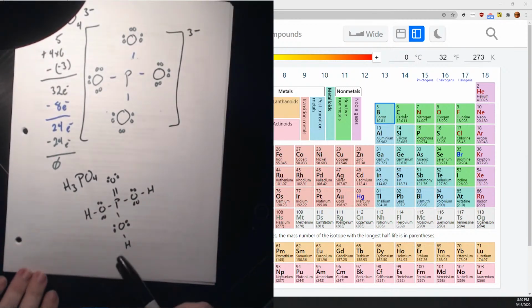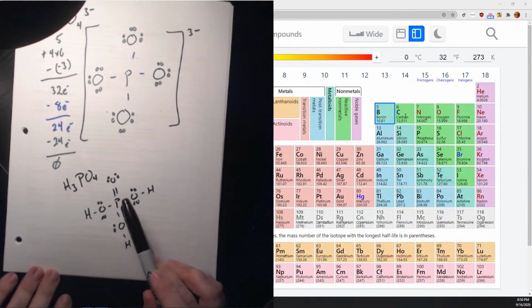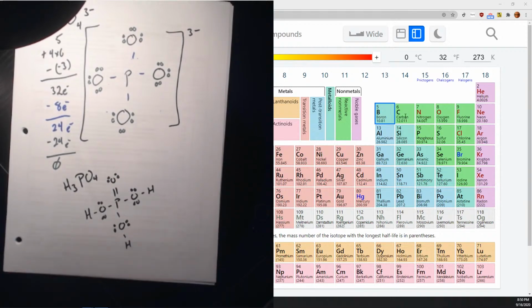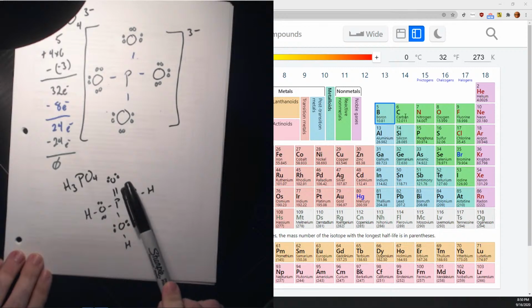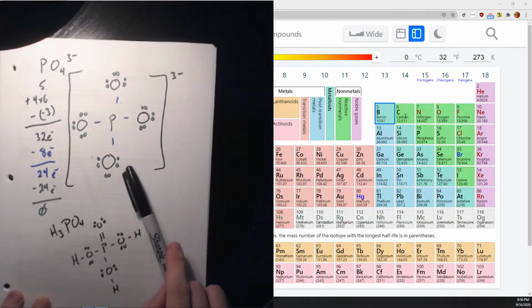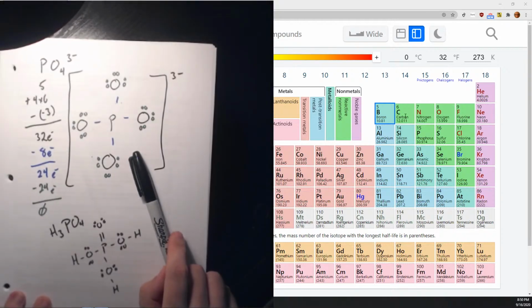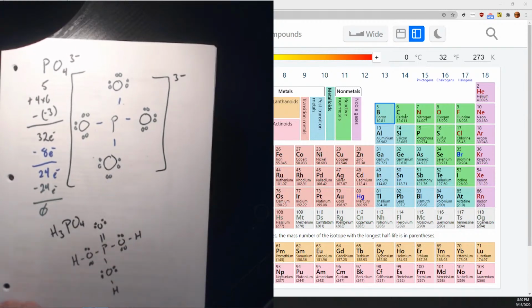The hydrogens bond to 3 of the 4 oxygens, and then we have a double bond between phosphorus and the remaining oxygen. There is no reason for the double bond to just sort of spontaneously appear. We use formal charges, and we can see why this Lewis structure is not actually correct. This is what the Lewis structure rules get you, but formal charges tell you why it's not good enough.